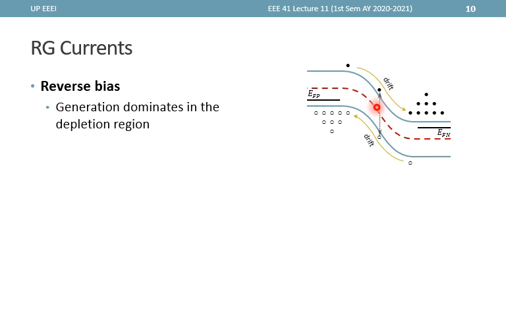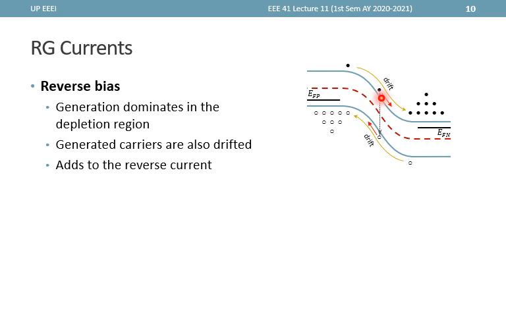So here we showed that one electron hole pair is generated. Now what happens to this electron hole pair? Given that they are generated at the depletion region where there exists some electric field, they will also get drifted in the same direction as the originally expected carrier drift from our ideal diode analysis, and therefore this adds some reverse current.